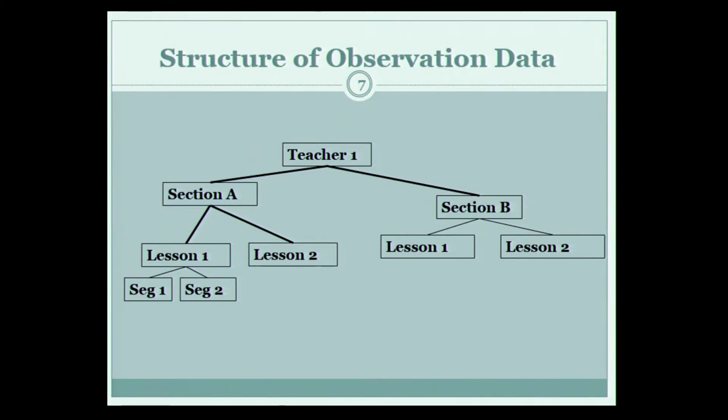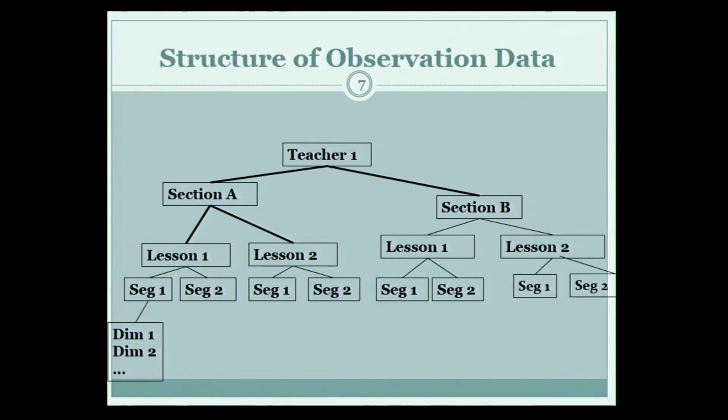I believe the Framework for Teaching only has a daily measure, so it's only one measure per lesson or per video. So there are actually not segment-level scores, but for the other ones, there tend to be. And how segments are defined, again, depends on which observation system you're using. And then even within the segments, we're looking at multiple dimensions or multiple indicators. In other words, if you're looking at the Mathematical Quality of Instruction, there are multiple indicators within each segment, talking about the richness of instruction or the errors or imprecision of the teacher.